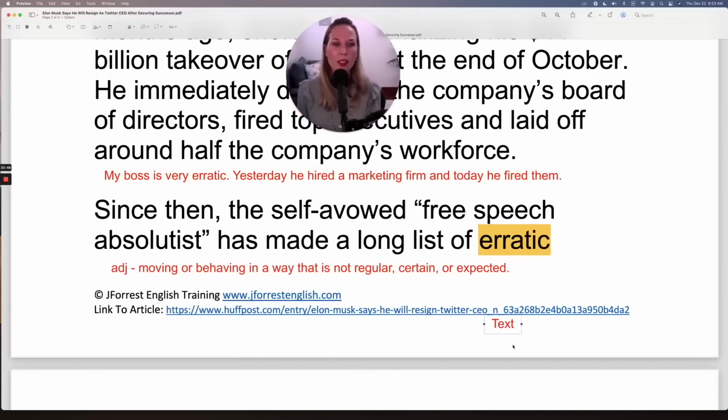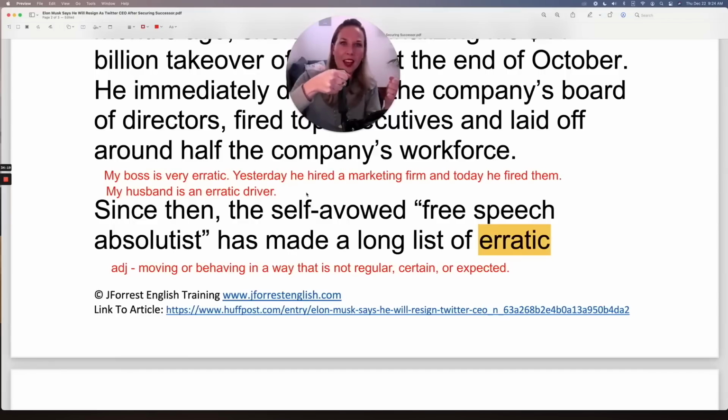We often use this specifically for driving. My husband is an erratic driver. In this case, it might mean, if you're driving on the highway, you expect the behavior to be certain, expected, you're going to go straight, right? But erratic would be, you go this way and then you speed up and then you slow down and you change lanes and then you change lanes and then you drive slow, you drive fast. So it's constantly changing.